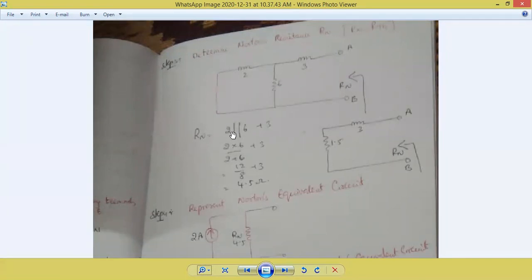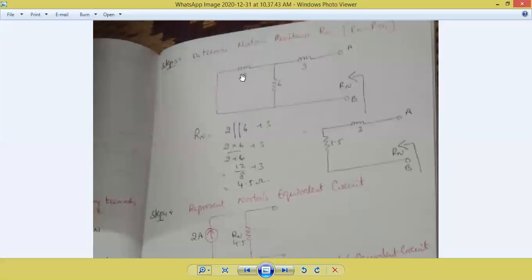Now most important thing, all of you, don't do 3 and 6 in parallel. Remember the one logic. If you are watching the circuit from A and B, you reduce or solve the circuit from the opposite end. You cannot solve from 3 parallel 6 or 3 plus 6. That is wrong. The universal logic is that if you are watching the circuit from A and B, reduce or solve the circuit from the opposite end.